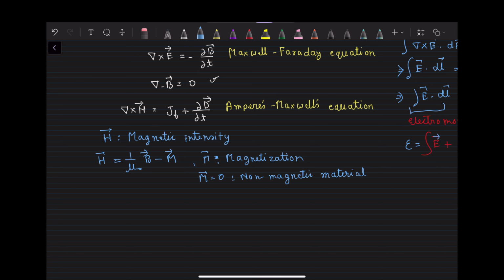So what is our goal? Our goal is to understand how a medium responds to a strong electric field, how the medium property changes. What I mean by property changes is how it shows nonlinear behavior with a stronger electric field.